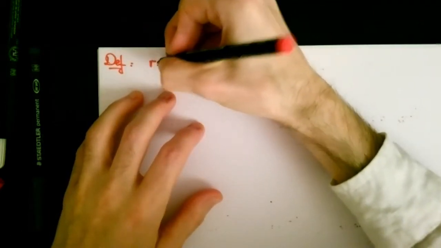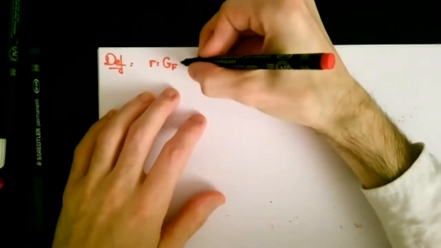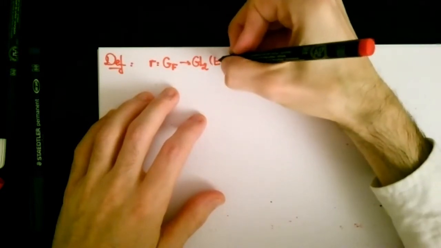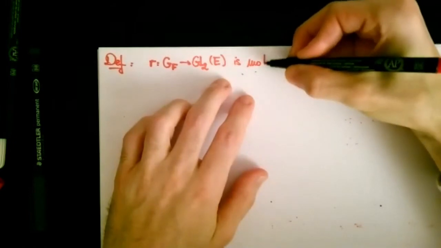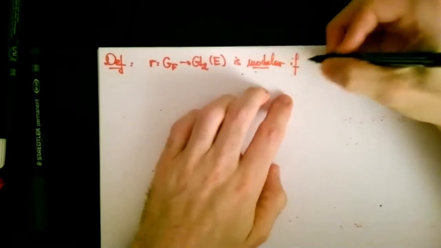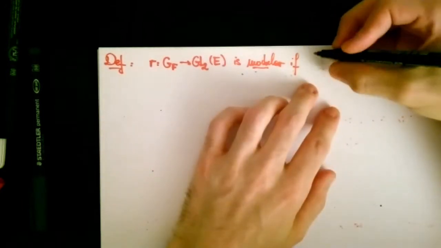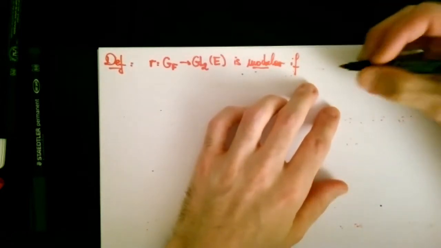If I am given a continuous Galois representation, GF to GL2(E), this is modular if it appears as a constituent in the completed cohomology, in the classical cohomology.